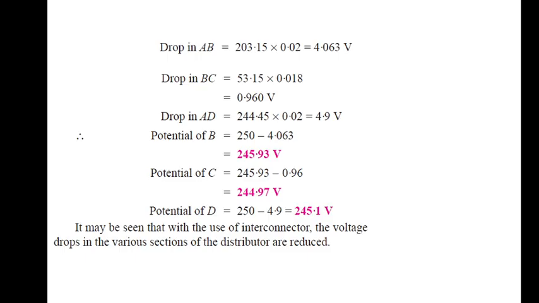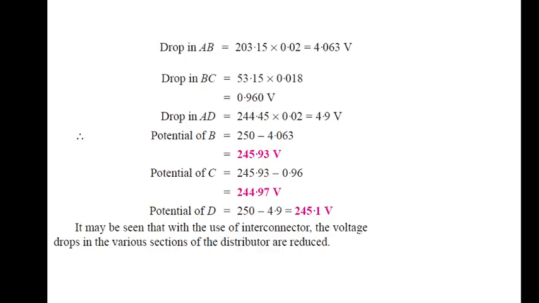The potential at point B is found by subtracting the drop along AB, giving 245.93 volts. Similarly, the potential at nodes C and D can be calculated.